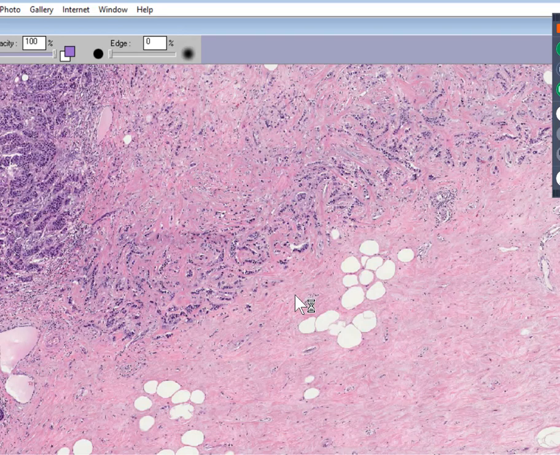Are they well separated from this fibrous tissue, or are they sending out these little streams of cells into it, tiny glands? Some of them look linear, some of them look haphazardly circular. So even if you don't know anything, let me ask you, do you think this is a benign or a malignant tumor? Even before you look at the nuclei. Yeah, you know this is malignant.